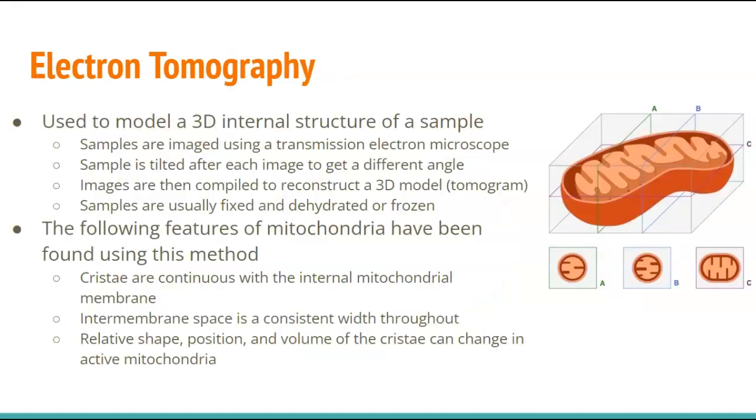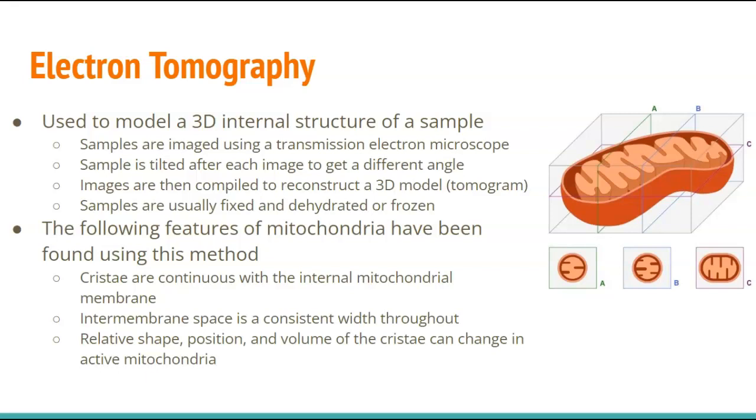So very quickly, electron tomography is used to model a 3D internal structure. So basically you can use electron tomography to model what the mitochondria looks like as a 3D structure. Samples are imaged using a transmission electron microscope.